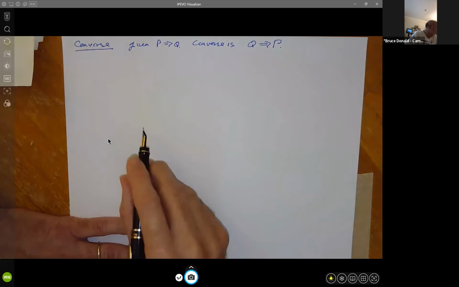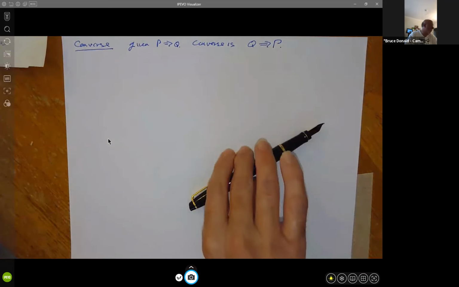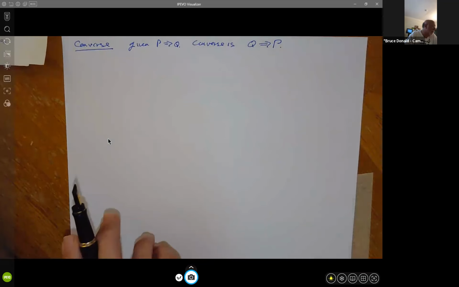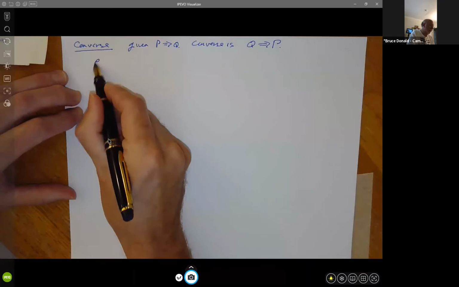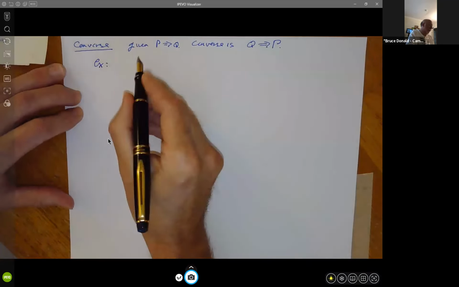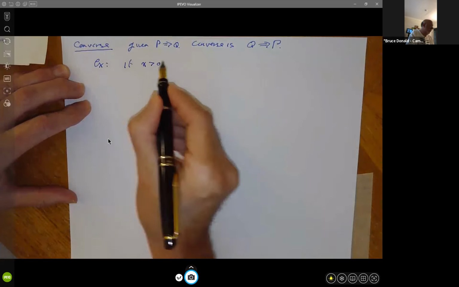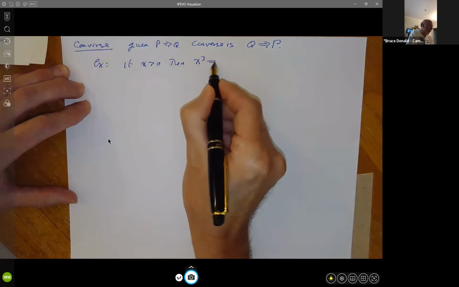So be very careful to distinguish the converse from the contrapositive. They're very different. A statement and its contrapositive are logically equivalent, but the truth or falsity of a statement says absolutely nothing about the truth or falsity of its converse. Let's look at an example again, our same example before. If x is greater than 0, then x cubed is not equal to 0.